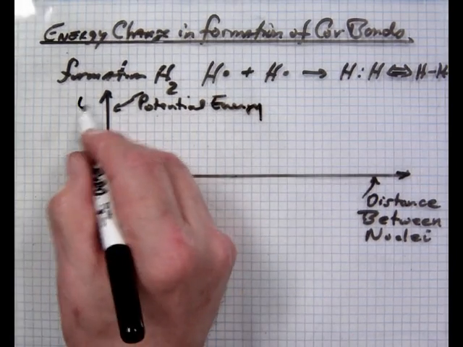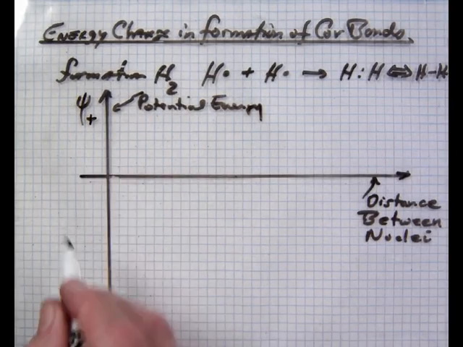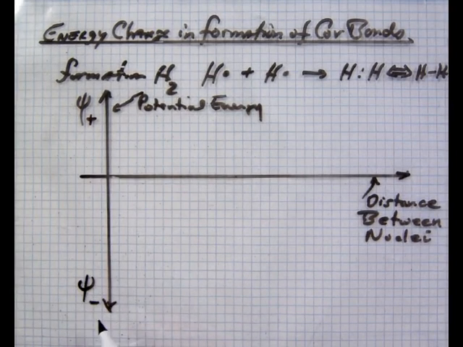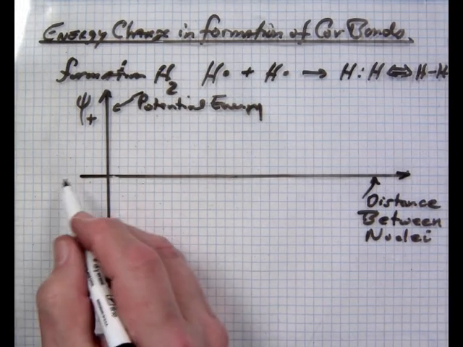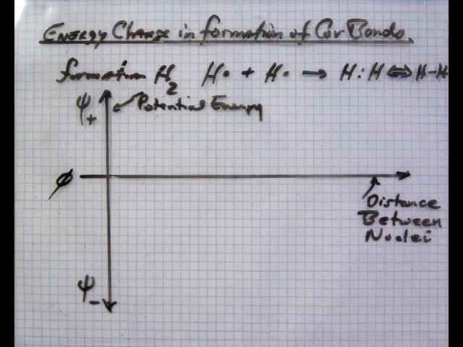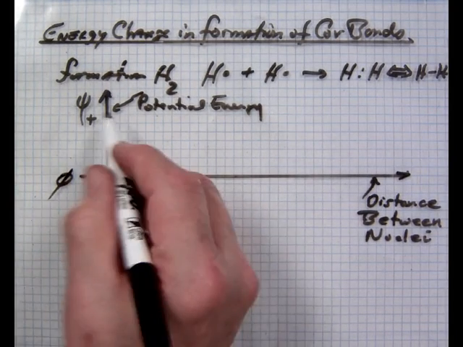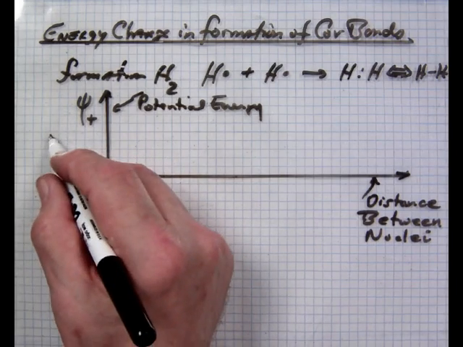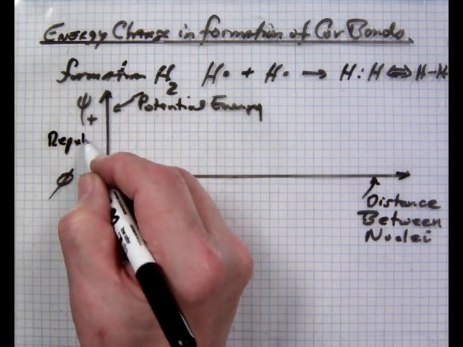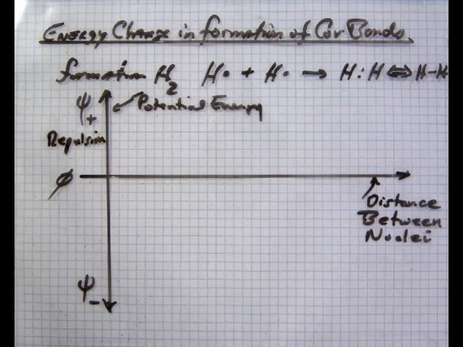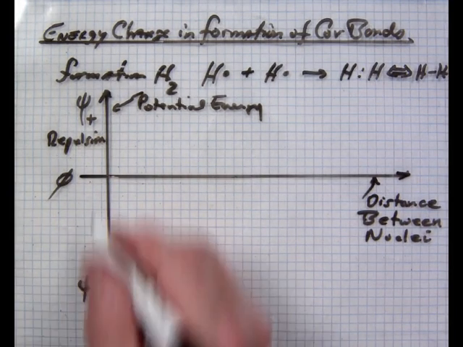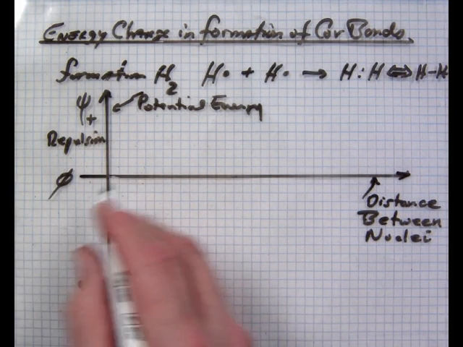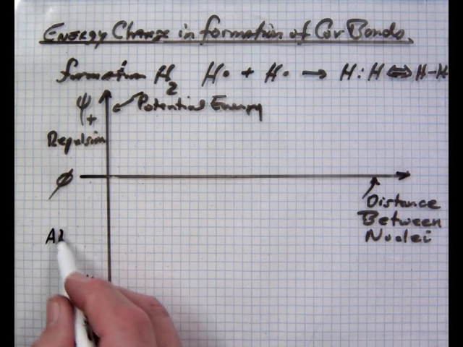And typically you'll see people put a psi plus or a psi minus, meaning above. This is a zero line, so to speak, psi plus. Now psi plus here is particle-particle repulsion. Like taking two balloons trying to shove the centers together, the balloons will push back. And down here below the zero line is attraction forces.